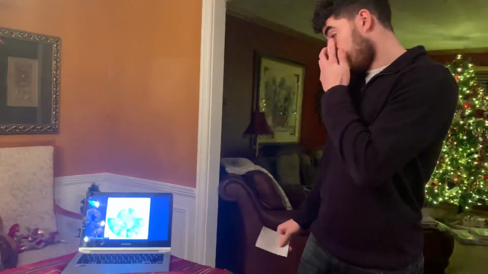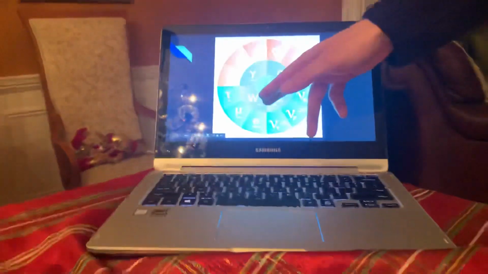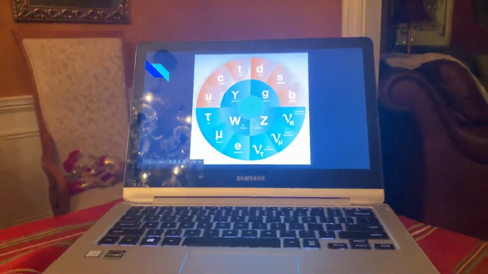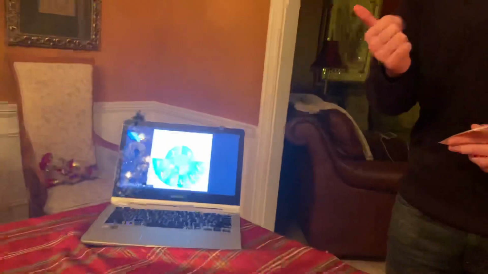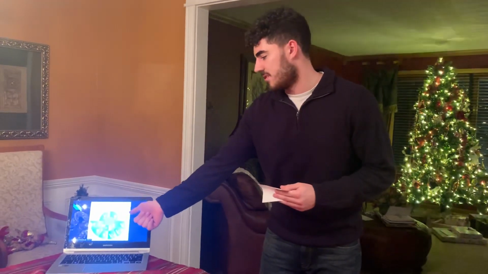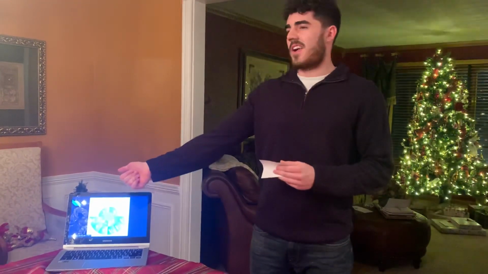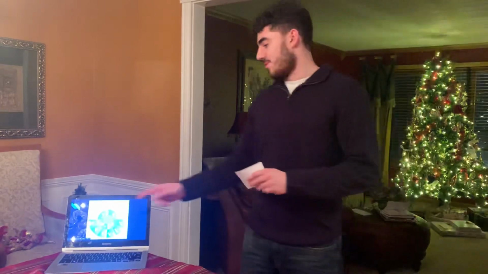Now, currently, we use our quarks and our bosons to describe our understanding of electricity, magnetism, and gravity. We've based all of our calculations and equations on these fundamental subatomic particles, but there was something missing.